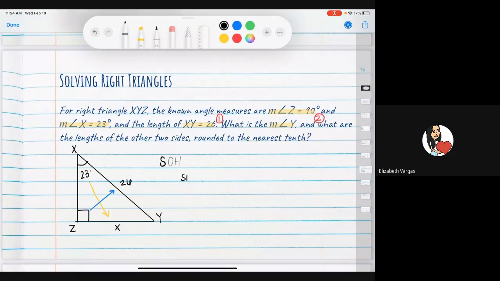So I'll use sine. I need to input one of my acute angles, 23, so sine 23 equals x over my hypotenuse, 26. Then I want to isolate my x, and so I get the equation 26 sine 23 equals x. This is the equation which we will reach, which is as far as we're going right now.